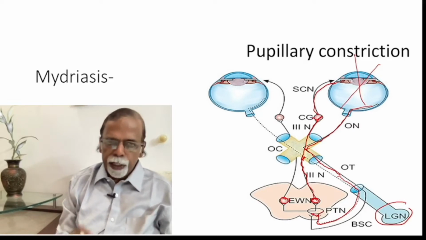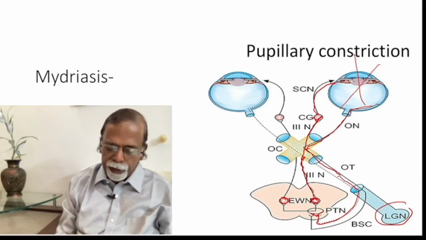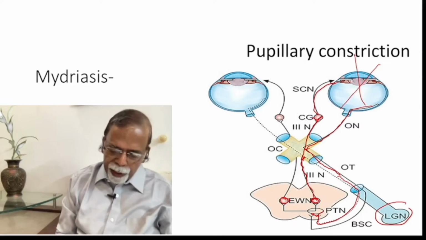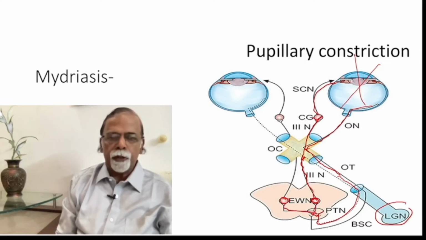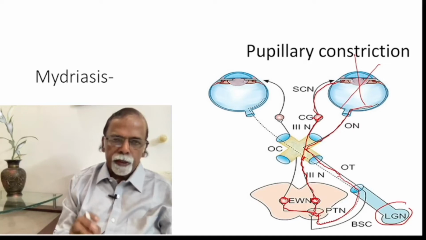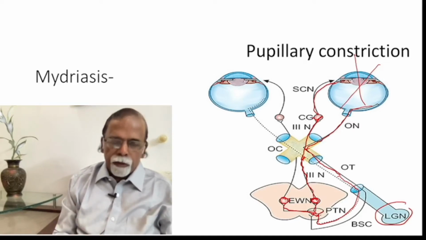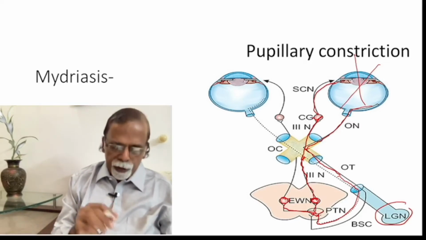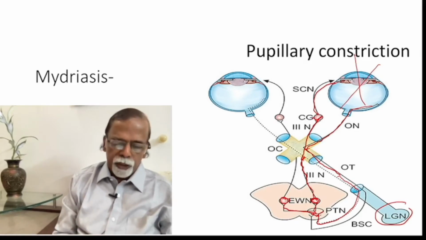The pretectal nucleus is in the midbrain. From the pretectal nucleus, innervation goes to both Edinger-Westphal nuclei. So, when the light is falling on one eye, both pupils should constrict. This is a very important point: from the pretectal nuclei, the information goes to both Edinger-Westphal nuclei. This is how the pupil constricts.